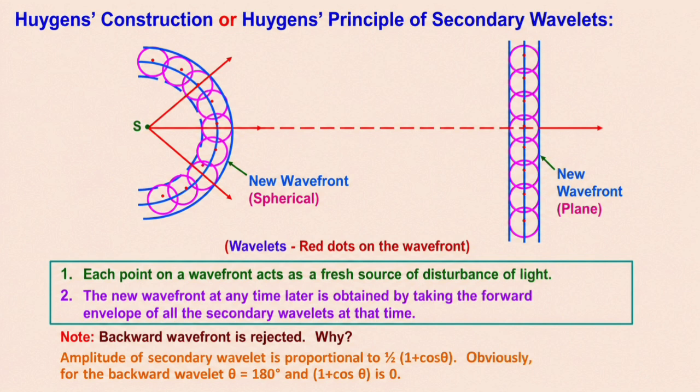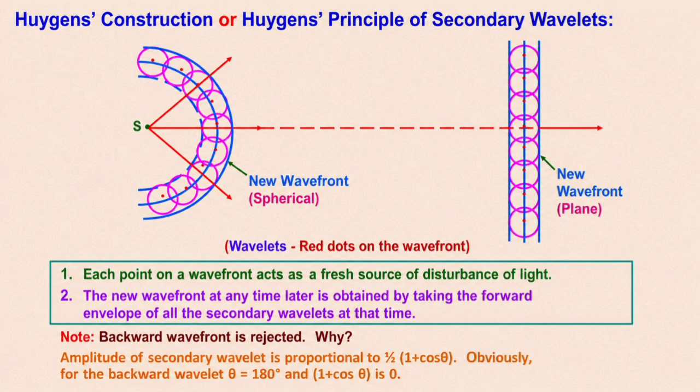Actually, from these red dots disturbance will be coming out. So each point on this wavefront acts as a fresh source of disturbance of light. So these small circles we can call the secondary wavefront. Now if we connect the tops of these small circles, we get another wavefront, right?